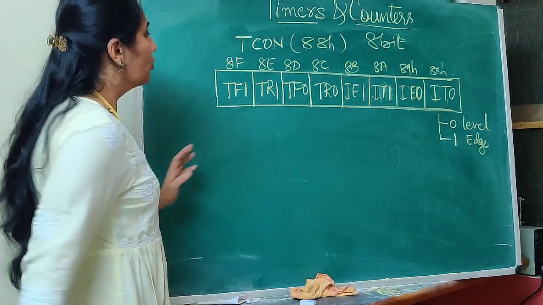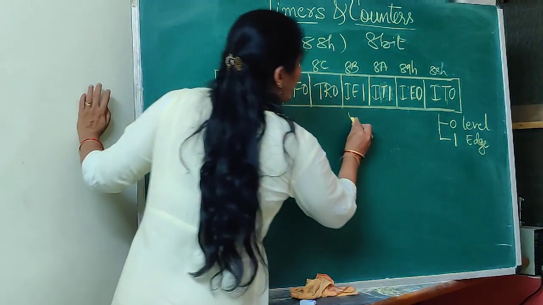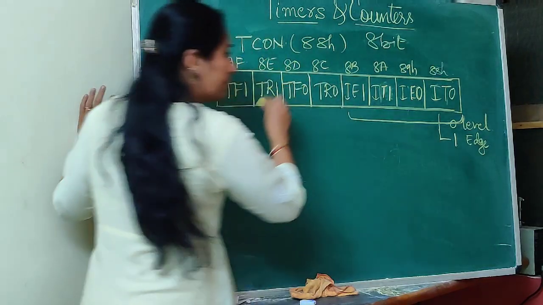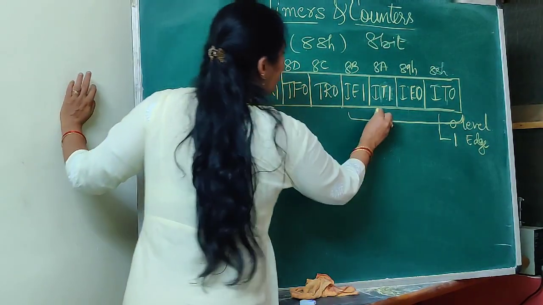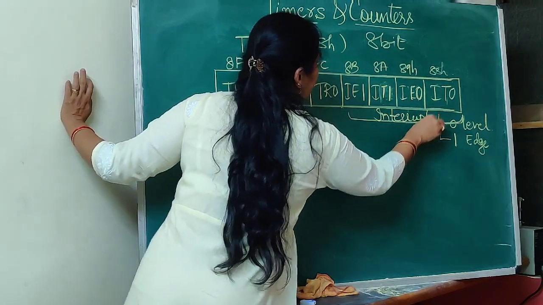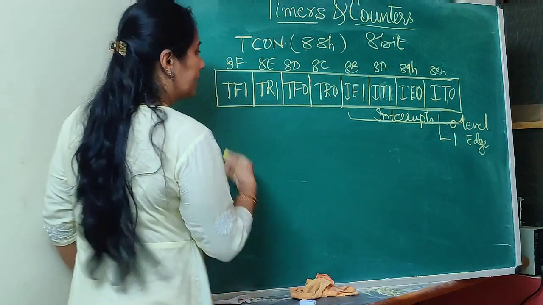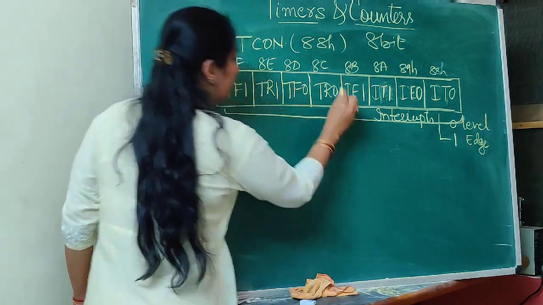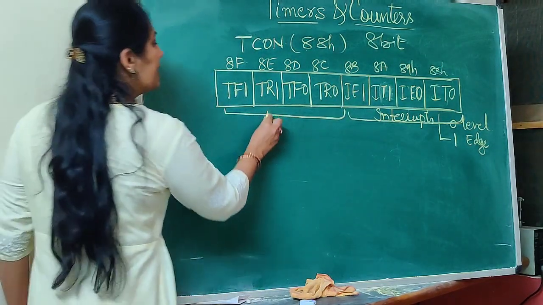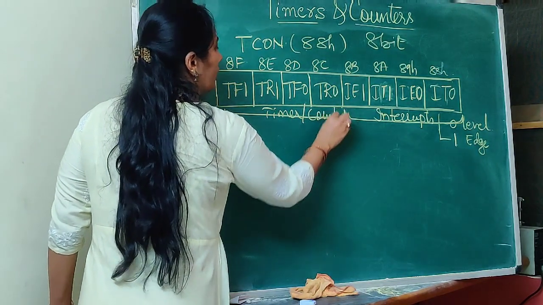Fine. Timer control register. You can see over here the lower nibble is connected with the interrupts, which I am going to deal with in the next class. And the higher nibble is connected with the timer or the counter operation.